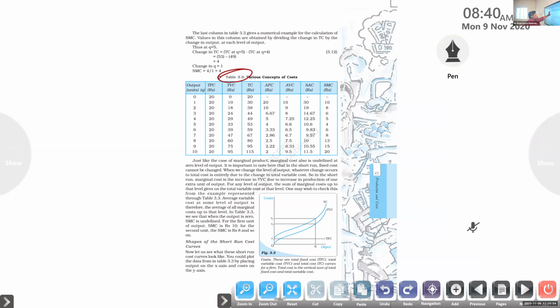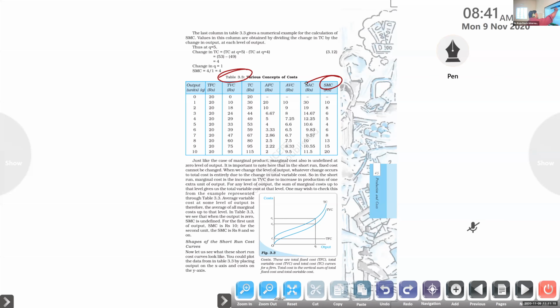We discussed the number of relations between these digits. Femina, tell me, what is SMC? Sir, short run marginal cost.